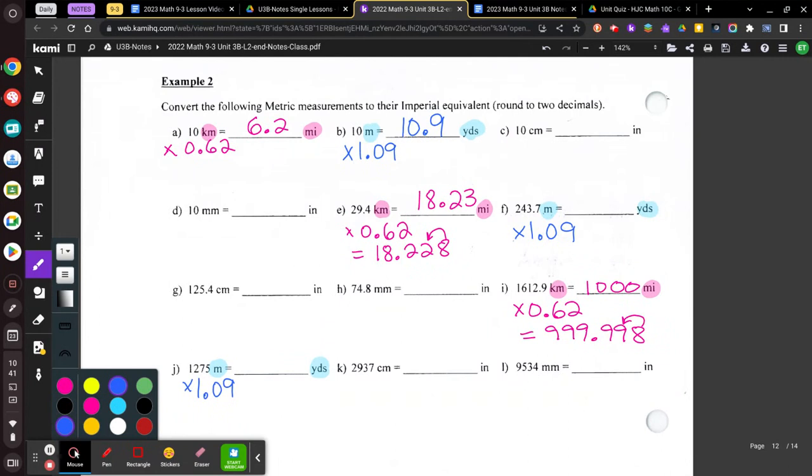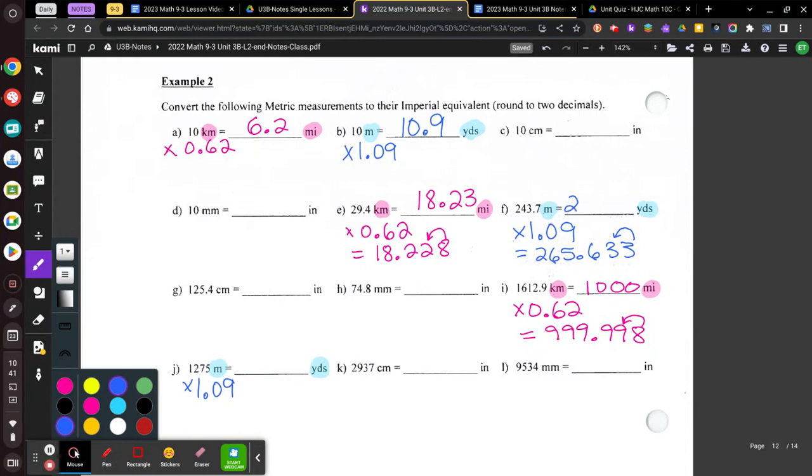10.9. Let's match our work. Letter F is going to be 265.633. That second 3 is not going to make the first 3 do anything.